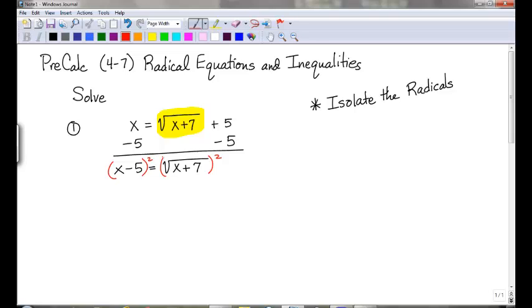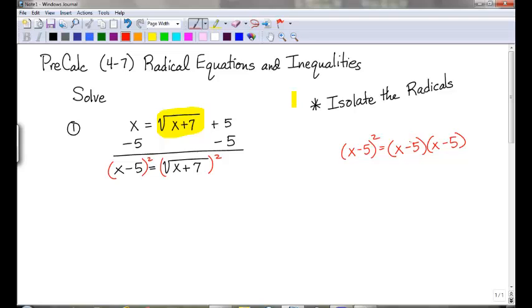Now, here's the common error. When you square a binomial, you should always get a trinomial square. If you don't know what that answer is by the shortcut, then you can write it out twice. Do that outside. You can use the FOIL, first, outer, inner, last.